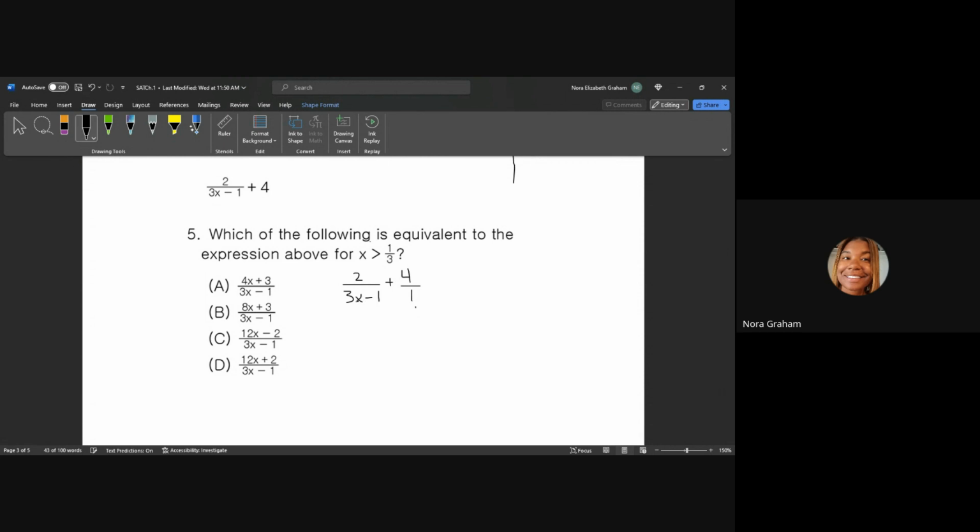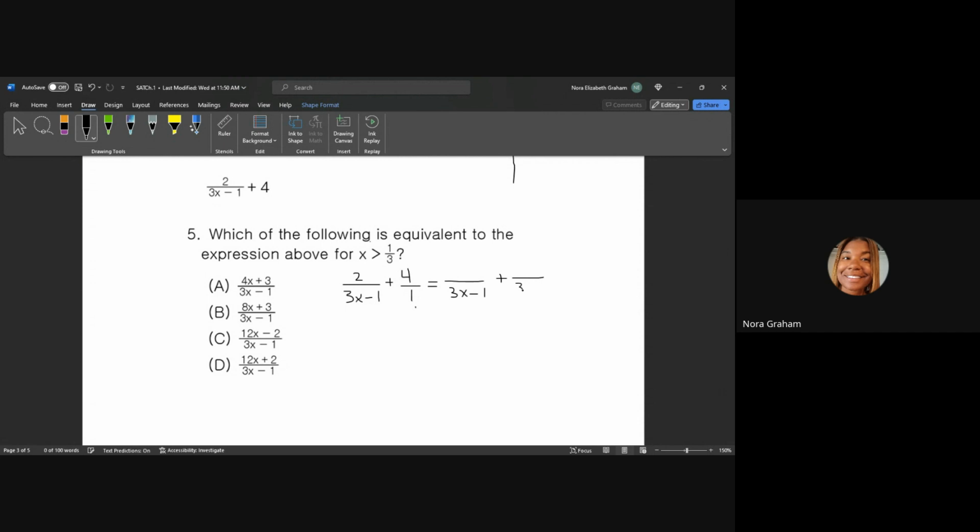So I can multiply my denominators together. 3x minus 1 times 1 is just 3x minus 1, because anything times 1 is itself. This is just like adding fractions.